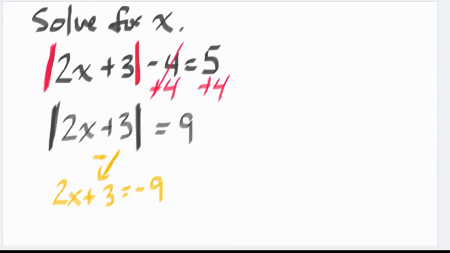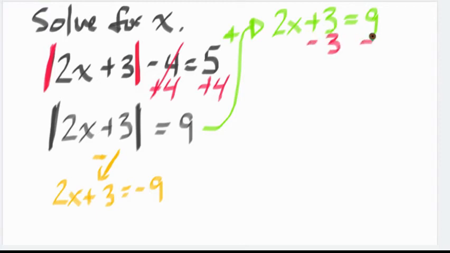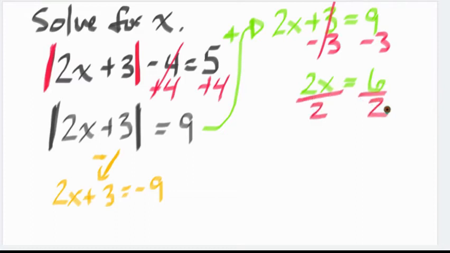And I'll do the right one up here. This is the positive direction. So that'll be 2x plus 3 equals +9, going to the right. And we solve each of these. I'll do this green one where I've got more space. Remember, we always take care of the subtraction or addition first in a two-step equation. That'll be 6. Then we take care of the multiplication, or in this case, we divide second.